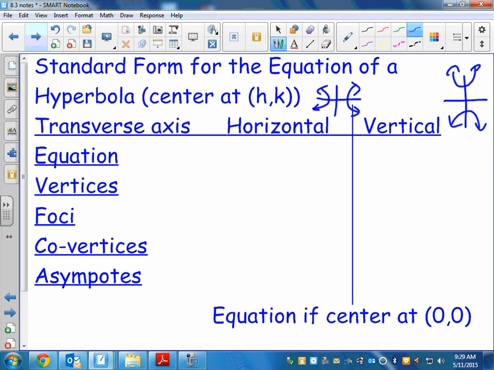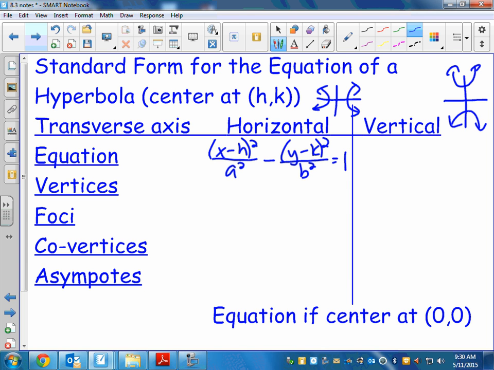So this one's going to be (x minus h) squared over a squared minus (y minus k) squared over b squared equals 1. So notice that that equation looks just like the equation for an ellipse, except it's subtraction, and that comes from the fact the definition is the difference of those two fixed points.